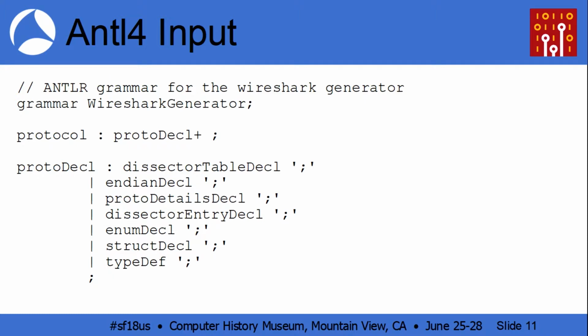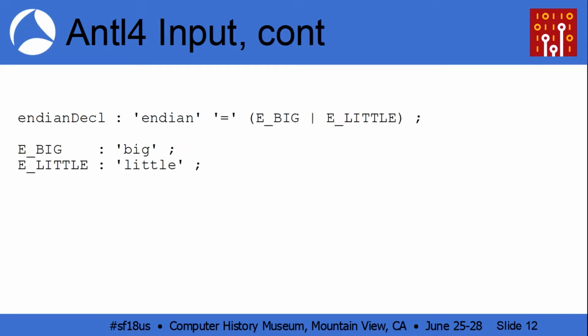I took the decision that a switch is not a standalone thing and can only occur in a structure. So you don't see the switch up here. And then as we go further down, an Endianness decl consists of the word endian followed by an equal sign, followed by one of these two symbols, E_BIG or E_LITTLE.